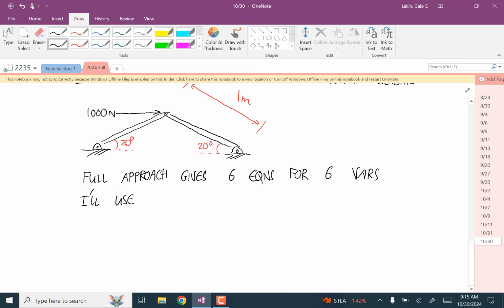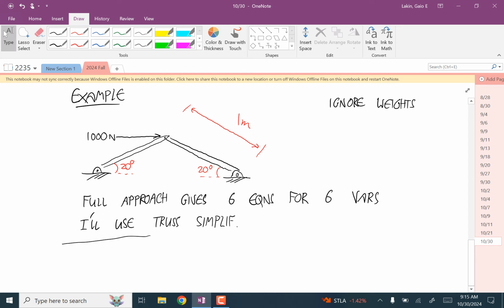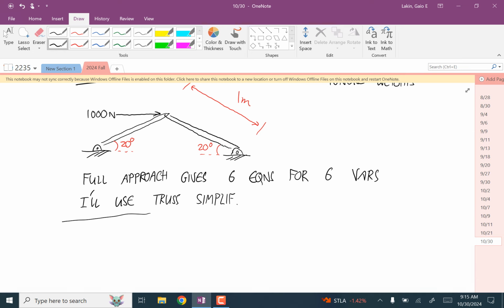So I'm going to use the truss simplification. And the way I'm going to take advantage of this is we know that the forces just act along a line between the joints. And so instead of isolating the members, I'm going to isolate the pins.